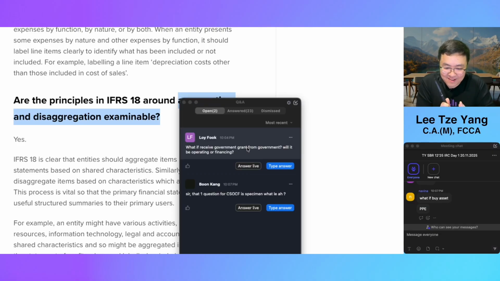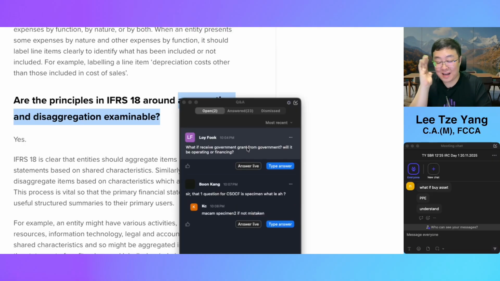You see, government grant related to income. Let's say if the government grant is for you to clean up the environment, operating. Okay, operating. If the government grant is in the form of, let's say, a grant for you to, I don't know, have to see, really have to see.